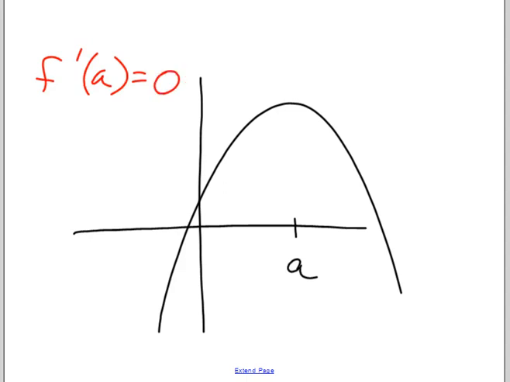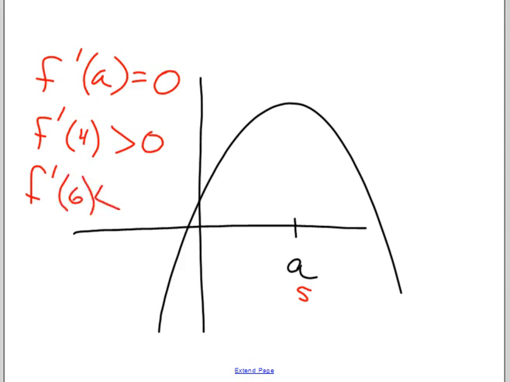And then, just for simplicity, let's put a number to this. Let's say that's 5. Then f prime of 4, or any number to the left of that, would be greater than 0. F prime of 6 would be less than 0.